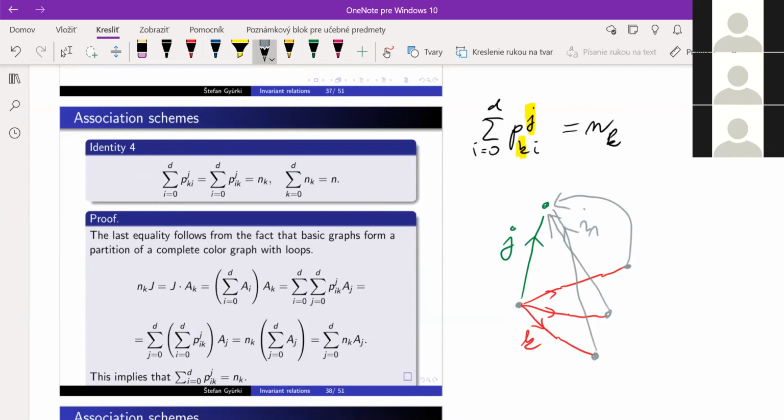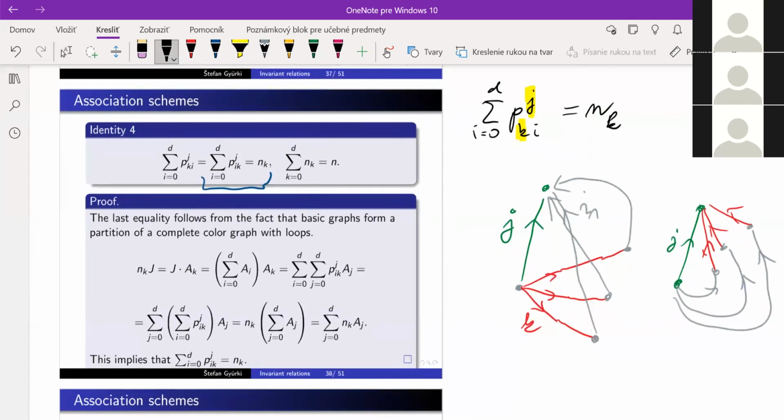And a similar game can be played also if you fix the incoming colors. So again, from each such vertex, there is precisely one color for each of them that completes this picture into a triangle.